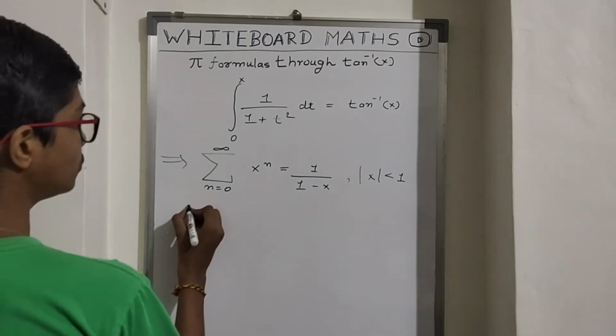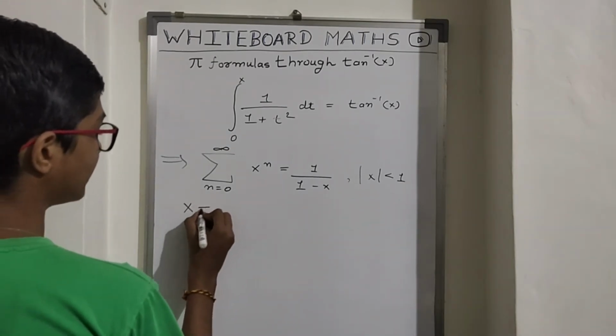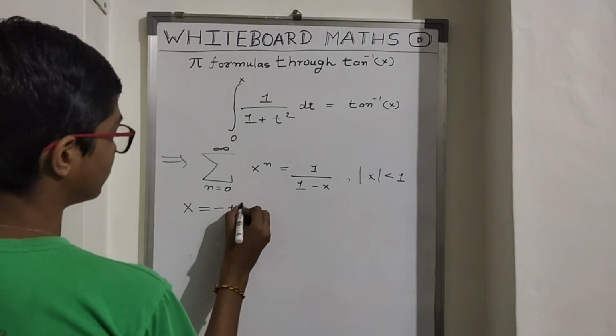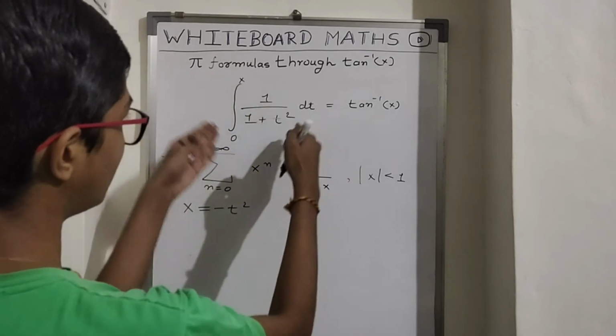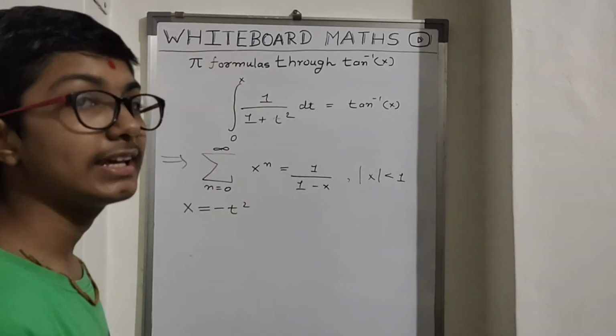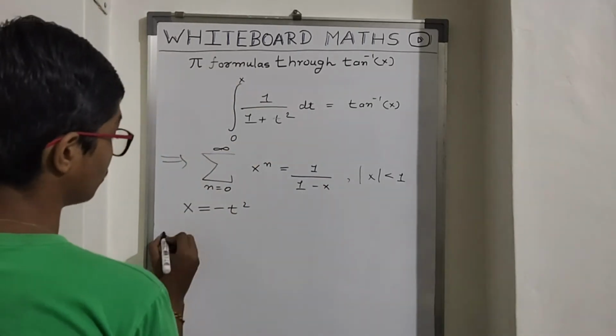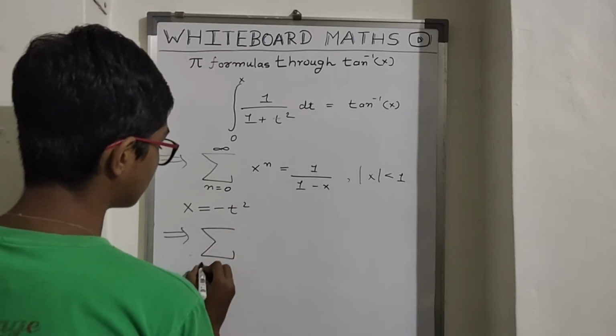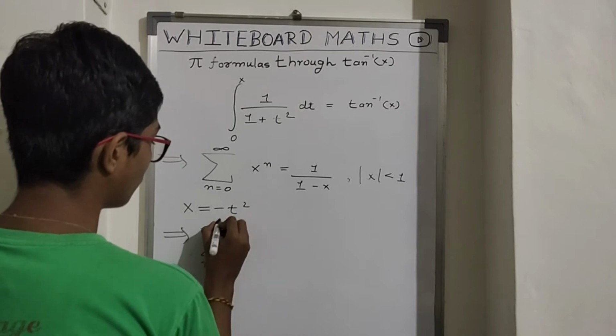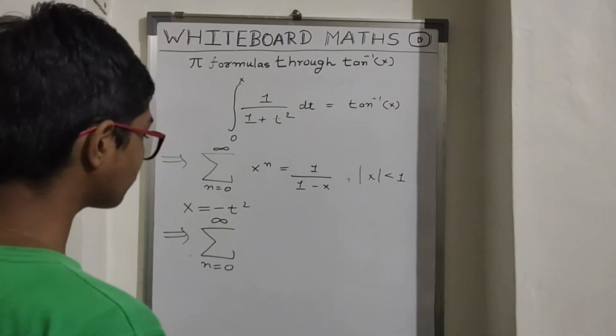Now we will plug in x equal to negative t squared, and if we plug that in, we would have this rational function in the form of an infinite series. So we get the infinite series of n from 0 to infinity.